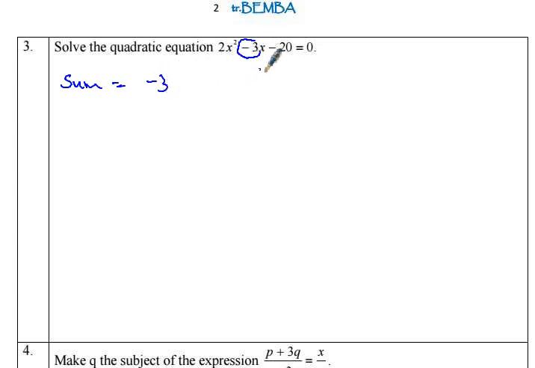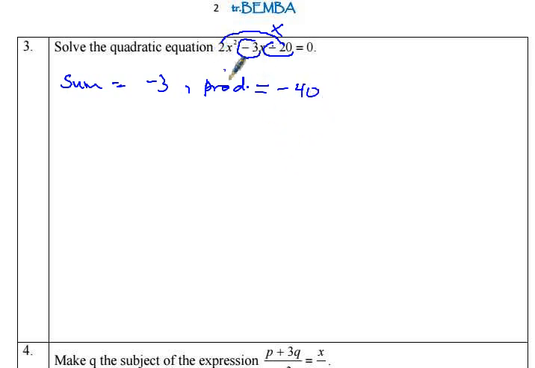Note that I'm also putting the sign there, and then our product is given by the product of these 2 numbers here. And when you look at this number here, the number that we have here is negative 20. So when I multiply it by this, I have my product as negative 40.